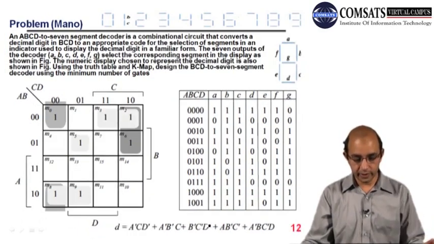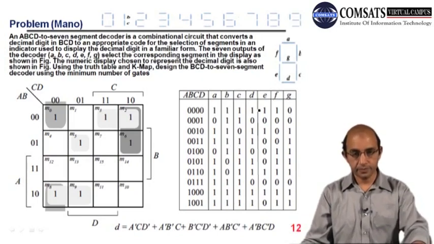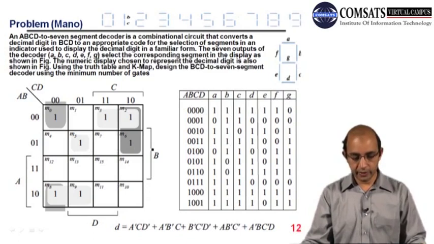And then if you consider D, you can see that we have M0, and we have M2, and then we have M3, M5, M6, M8, M9. So here you can see that we have this pair, then this pair, then if I bend them horizontally, I will be having M0 and M8 as a pair, and this is the single one.